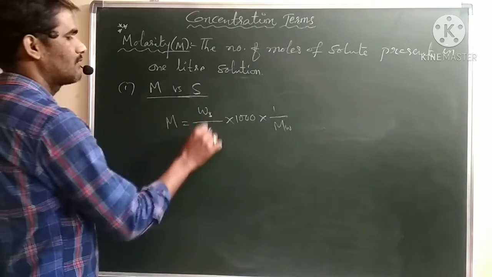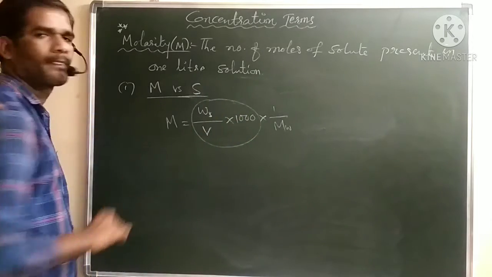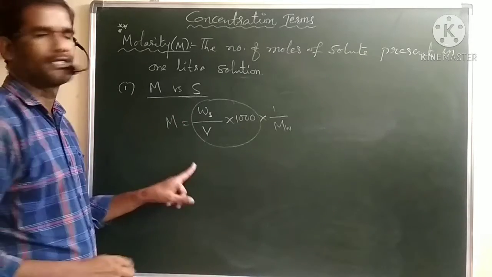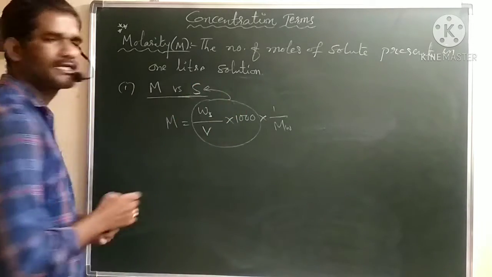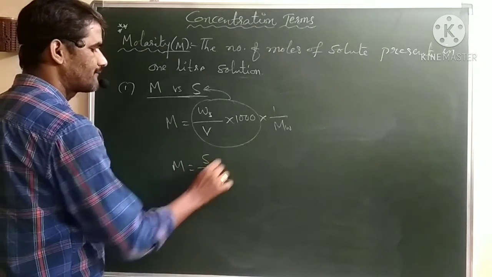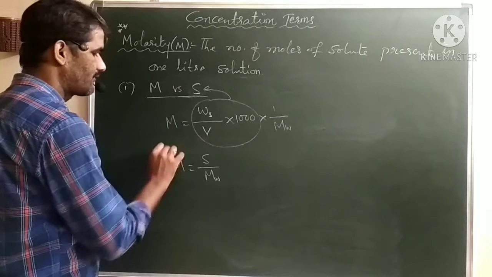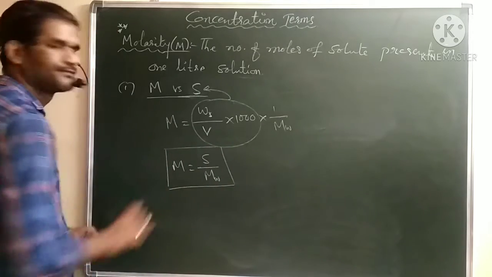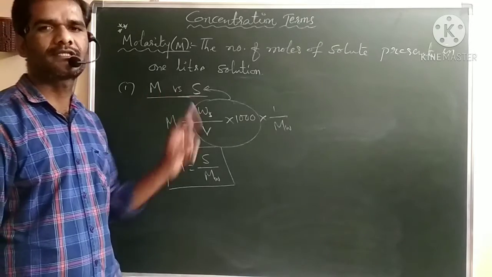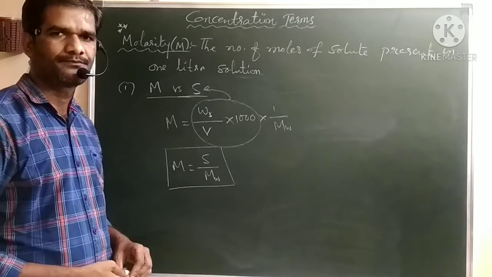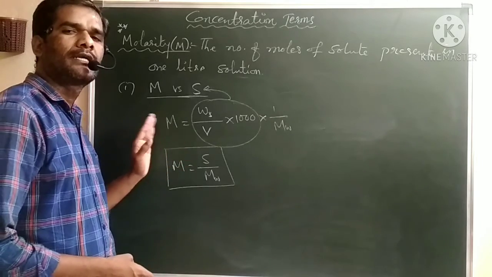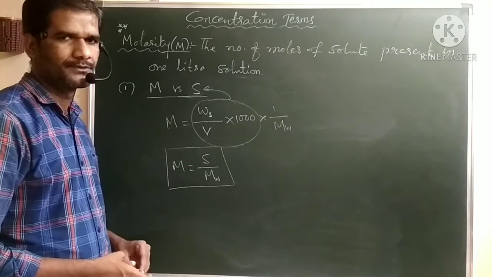Now weight by volume into 1000 is weight of solute per liter of solution, that indicates strength of solution. So molarity is equals to strength of solution by molecular weight. This is another interrelation between molarity and strength of the solutions. These are some interrelations of the molarity with respect to the previously discussed concentration terms.